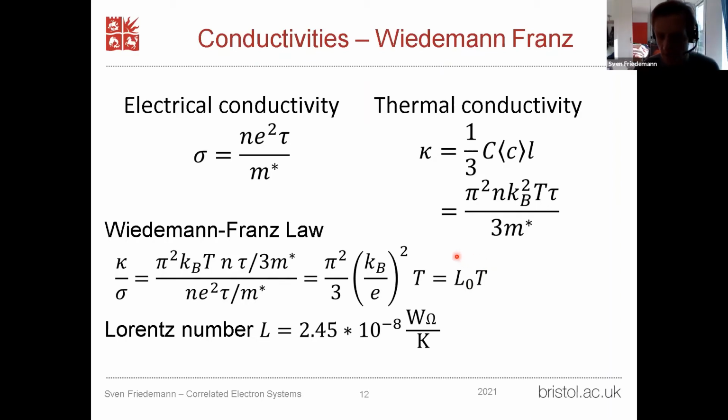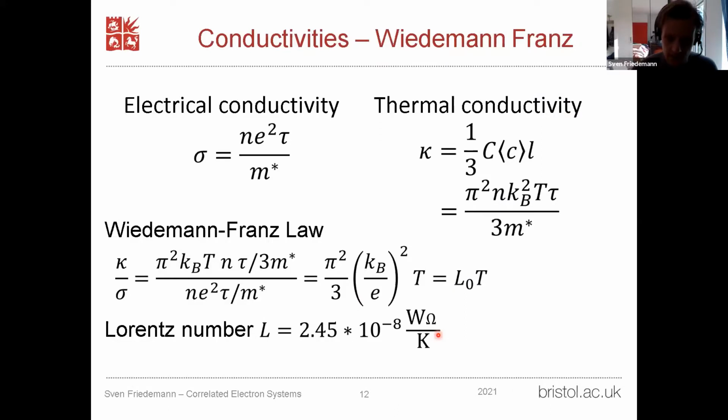And it's an important proof that it's the same particles carrying electrical conductivity and thermal conductivity, or carrying electrical currents and thermal currents. And this numerical value is often looked at in materials, how it actually conforms with that. So we'll come back later to see how this is justified in real materials.